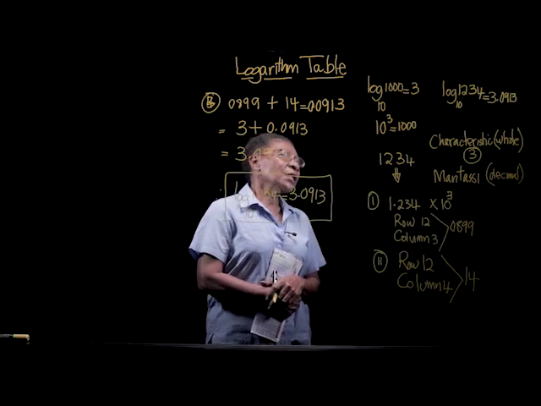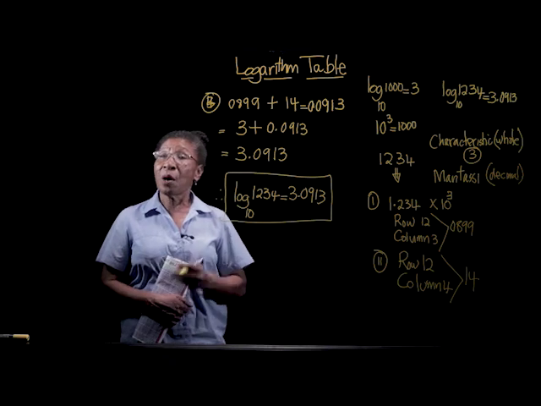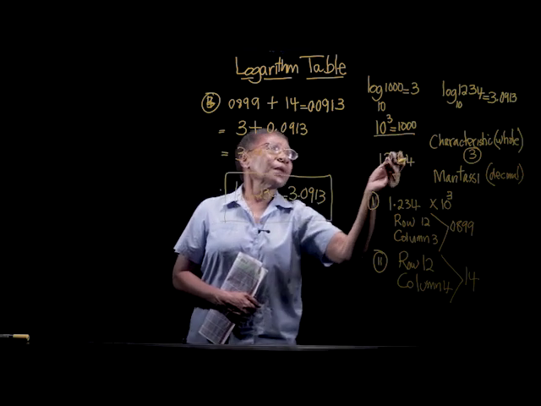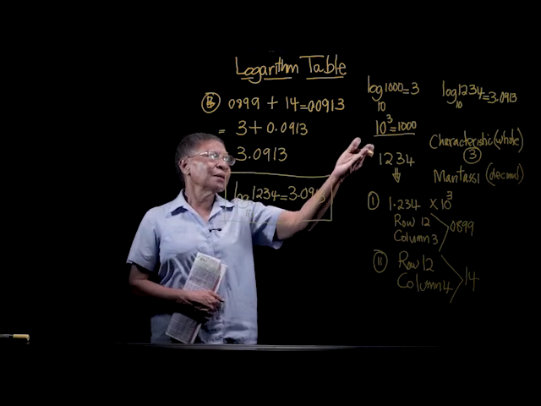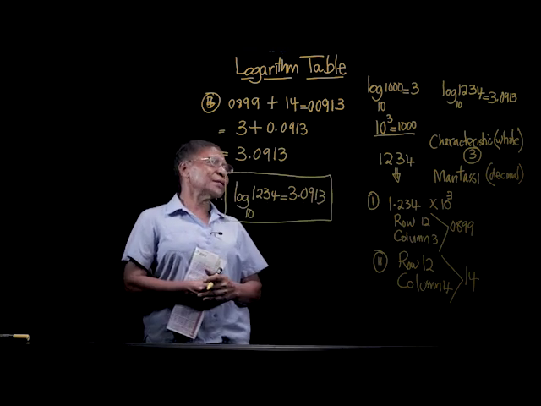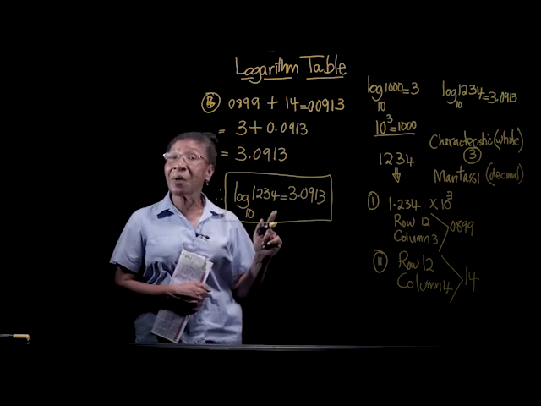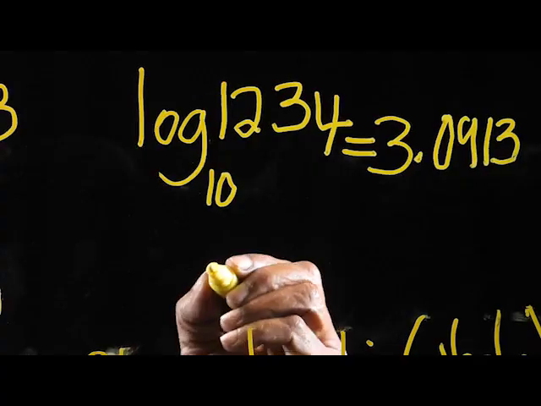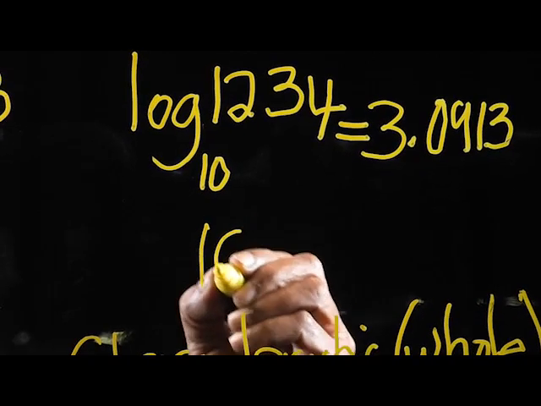How does it look if we were to express it in the form of indices, like what we did over here? I can relate to that, but at the moment I still cannot see it clearly, so let me write it in the form of indices. So the base is still 10. 10 is the base.